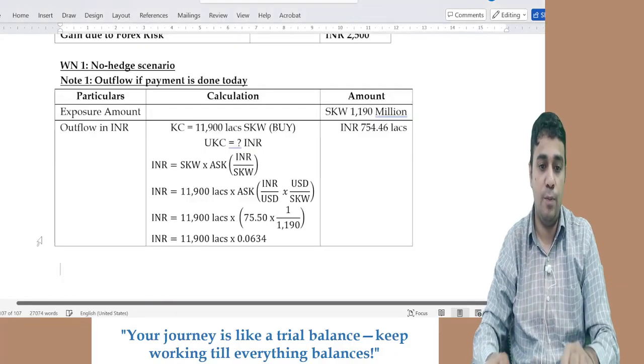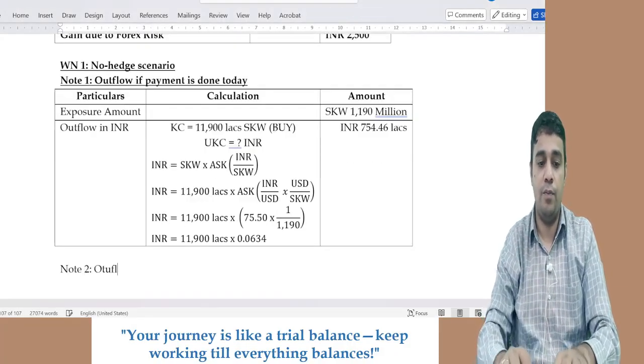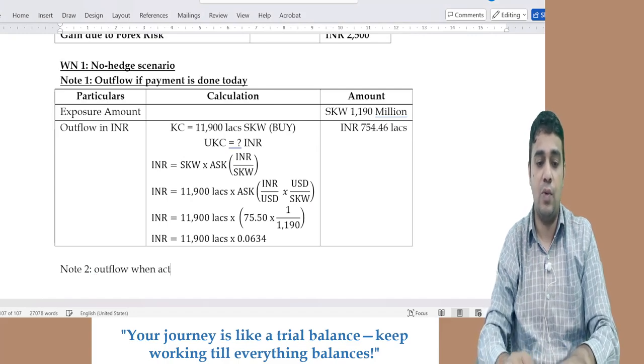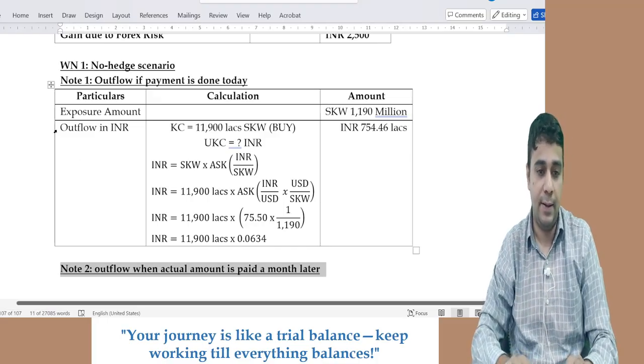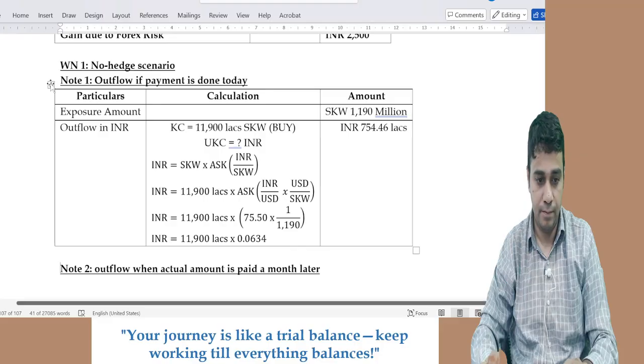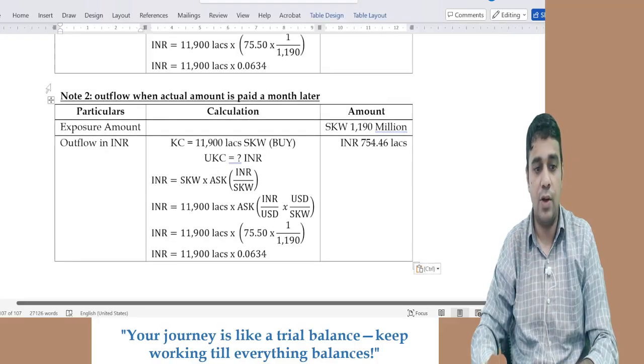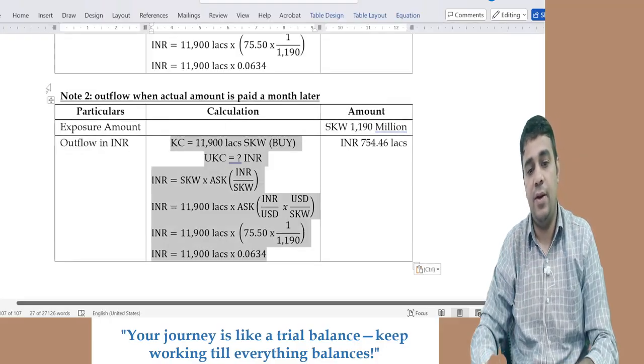Next, note 2, outflow when actual amount is paid a month later. Everything is same.